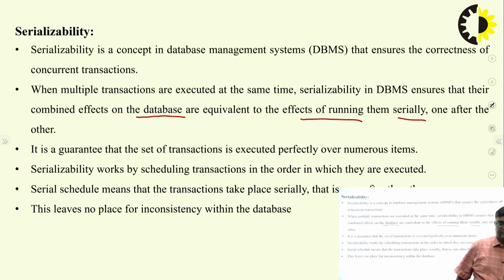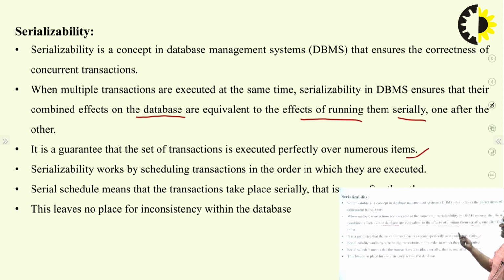Like two transactions T1 and T2 working non-serially, their corresponding serial schedule should have the same impact on the database. So, the non-serial schedule should also have the same effect on the database. It is guaranteed that the set of transactions is executed perfectly over numerous items.